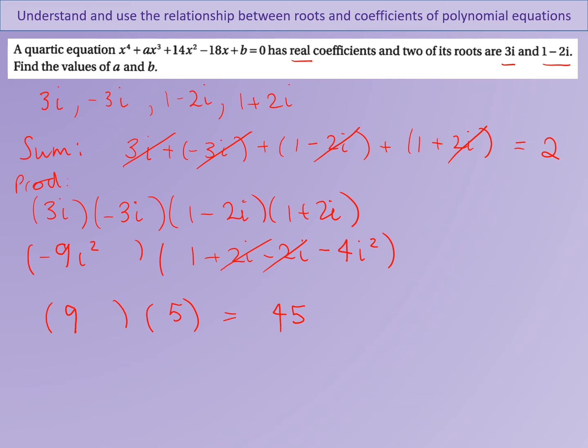Now we just need to be careful with the notation that the question has used and the notation that we used for the sum and the product of the roots.